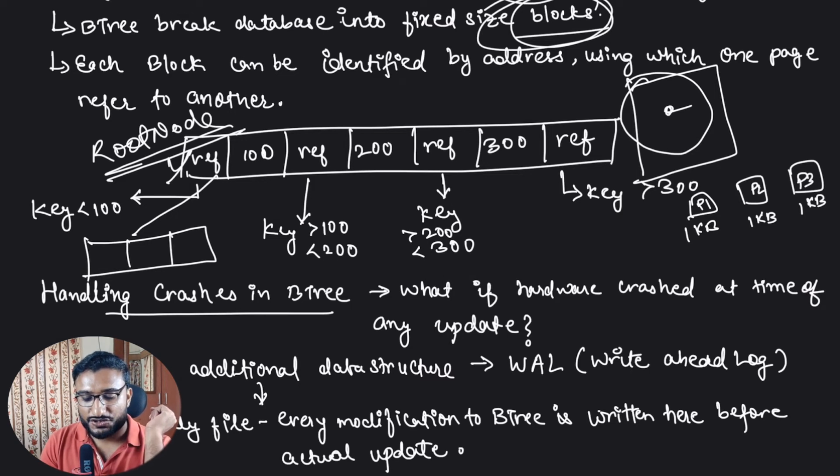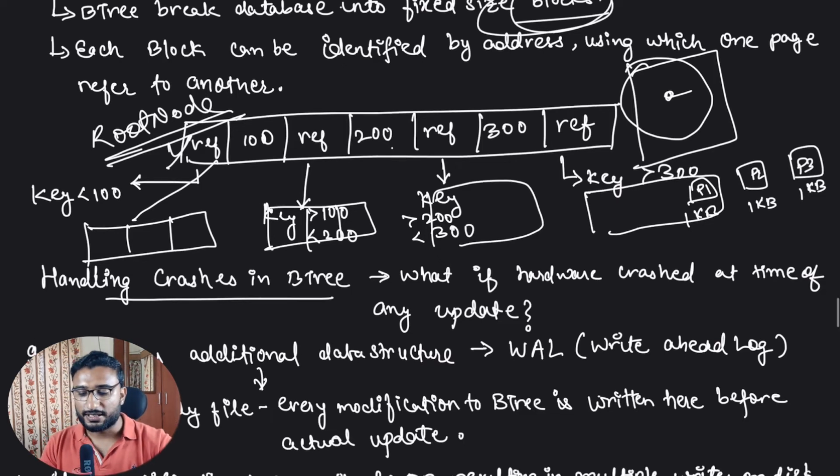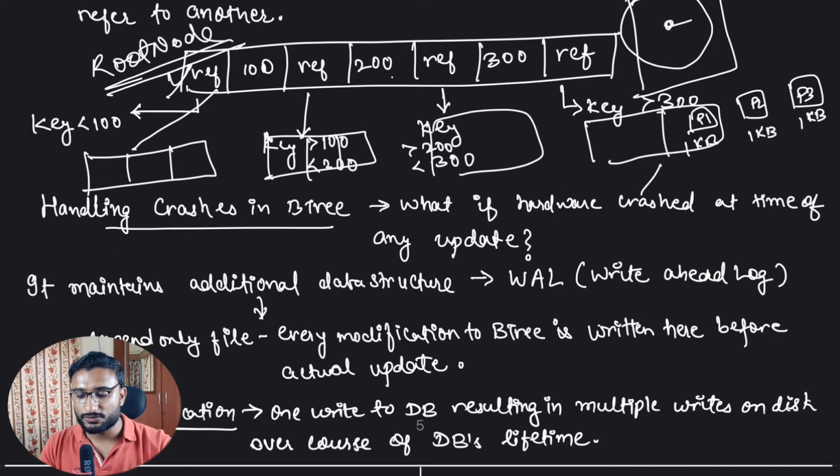All the keys which are between 100 and 200 will go in here, and all the keys which are between 200 and 300 will go in here, and so on and so forth. समझे बात? 300 से ज़्यादा है वो इधर आएगी. Now again you can break these keys into more child nodes. You might have got the gist.